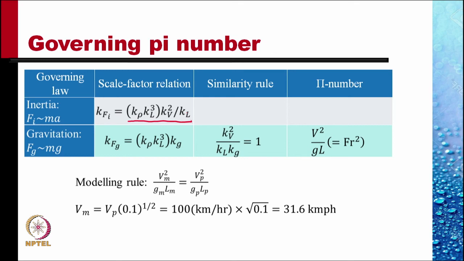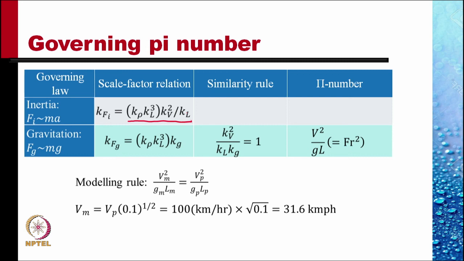Now Lm by Lp is 0.1. So that the model speed is 31.6 kmph. Instead of 100 kmph for the prototype, we'll need to drag the model aircraft at 31.6 kmph.